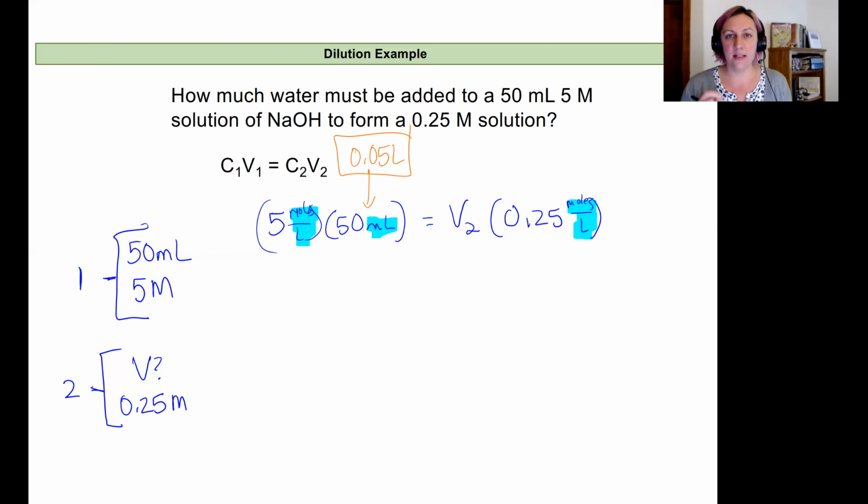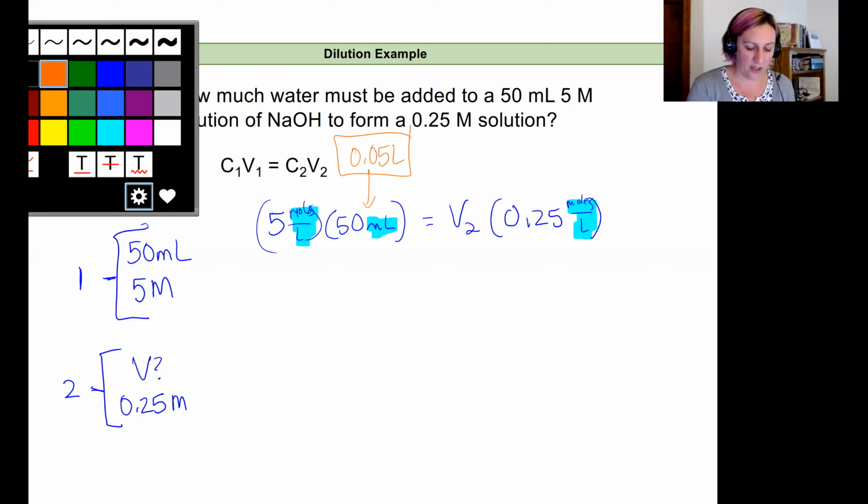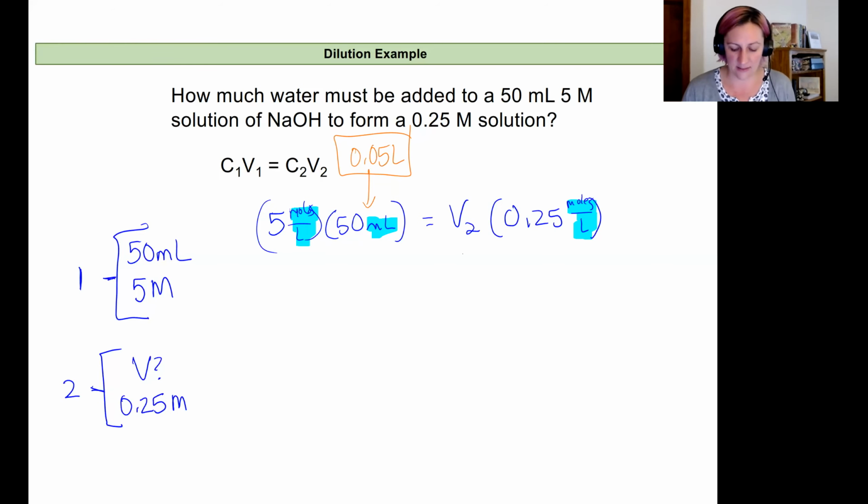But because this equality has the units the same on both sides of the equation, I can keep it in milliliters, and it will report a value that is in milliliters too. So if I solve this as is, I'll get an answer in milliliters. If I convert my 50 milliliters to liters and then solve it, I'll get an answer in liters.